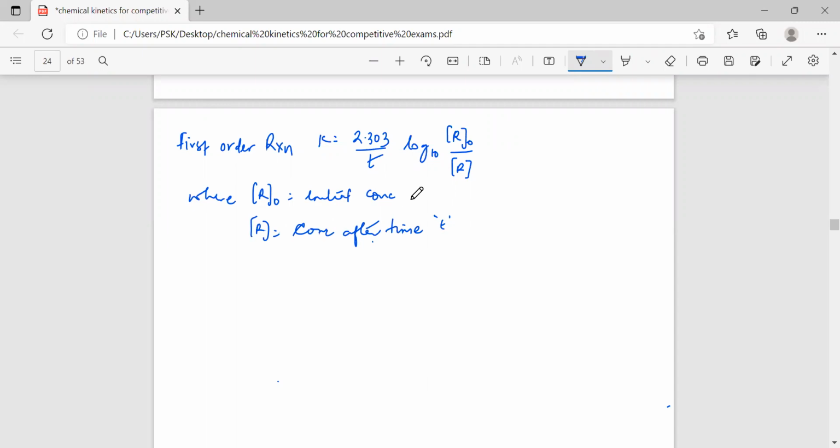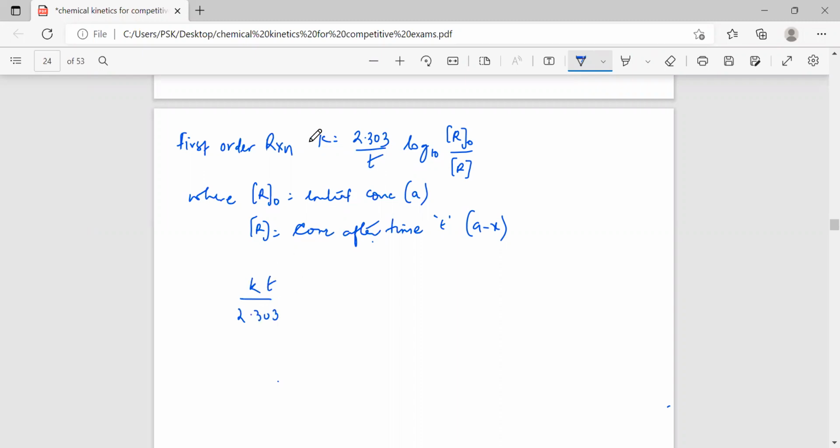Now this R naught also can be represented as a, and R also can be represented as a minus x. We learned this. So we can write k by 2.303, or kt.